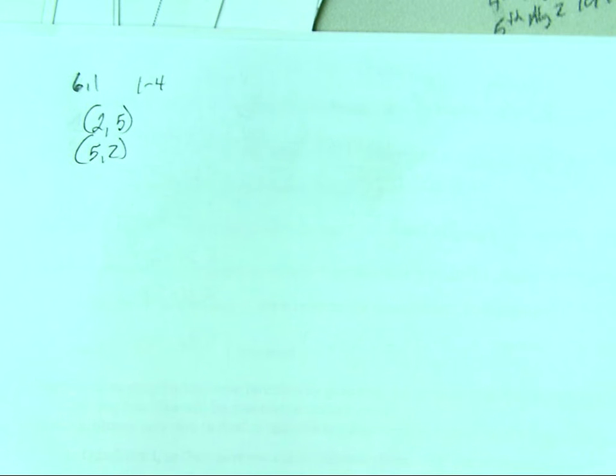So on the practice problems, that's what 1 through 4 are basically all about. The key there is to remember the domain is the set of x's and the range is the set of y's. If I have the domain of a certain function, and now I start talking about the inverse of that function, well, if we're going to interchange x and y, the domain of the original function becomes the range of the inverse function.